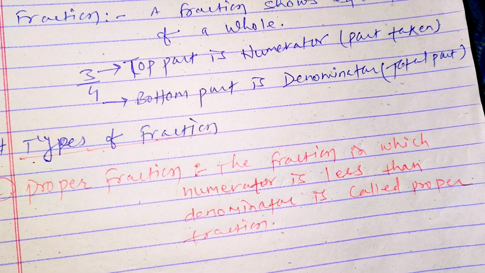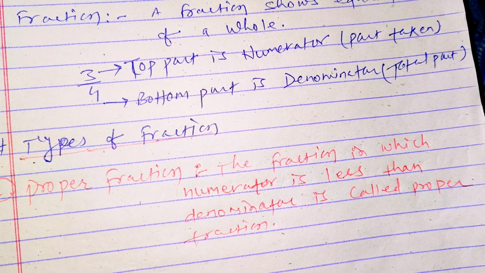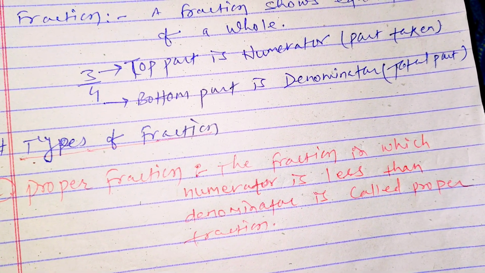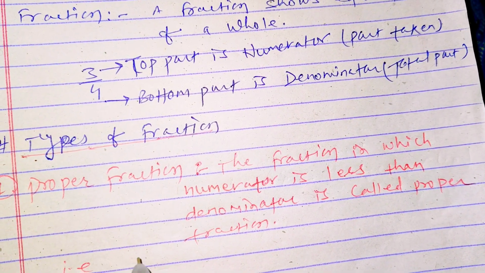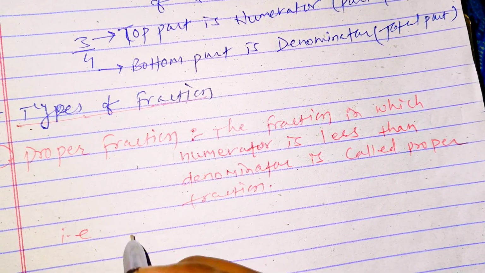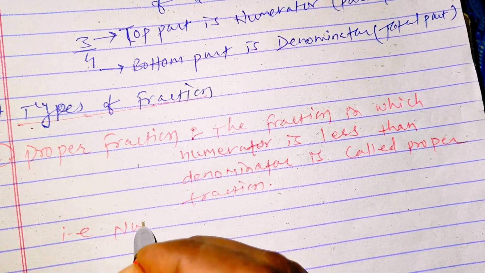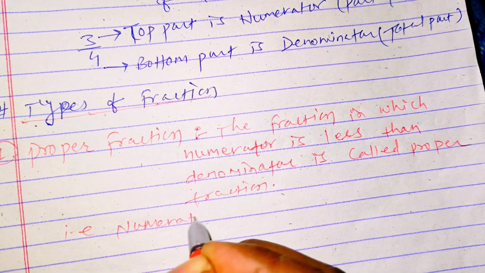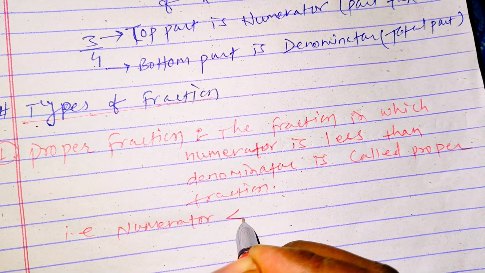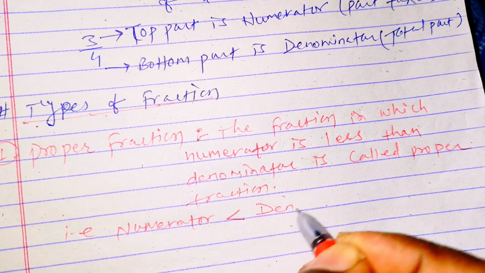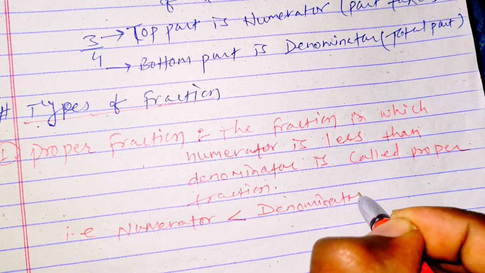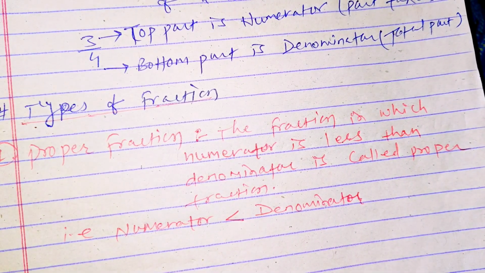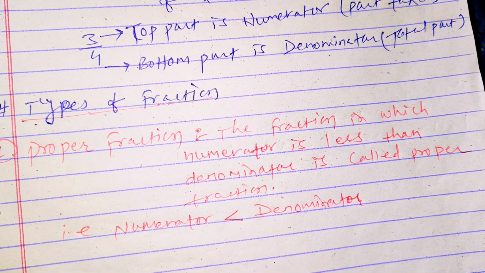Understand? Let's take an example about numerator and denominator, where the numerator is less than the denominator.